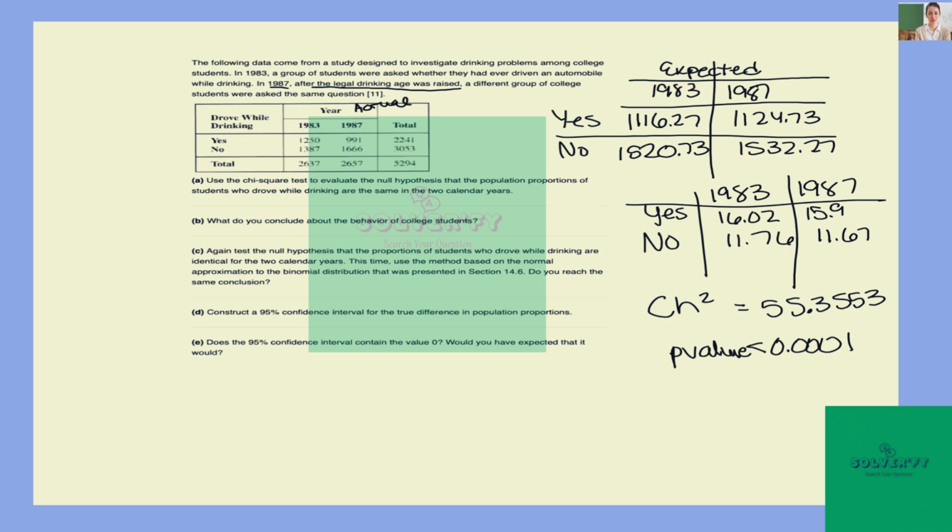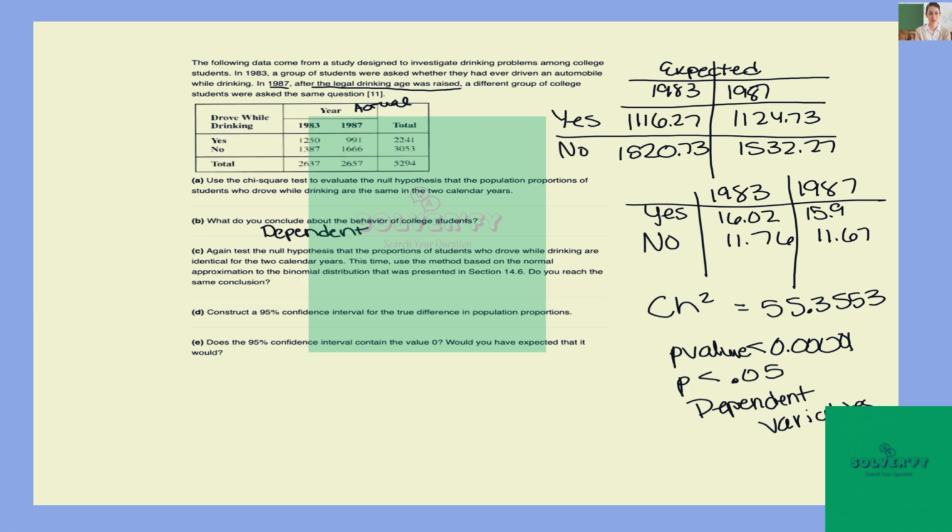Oh, there are 4 zeros there, sorry. And the result is significant at p less than 0.05. So this means that they are dependent variables. So what I can conclude about the behavior of college students is that we can say that they are dependent.